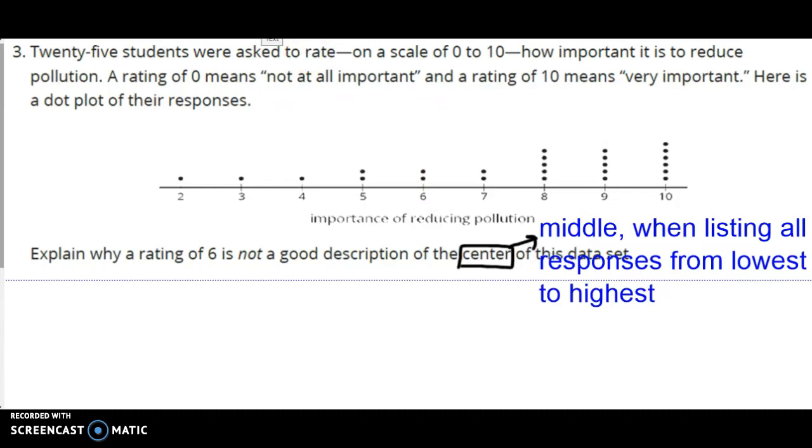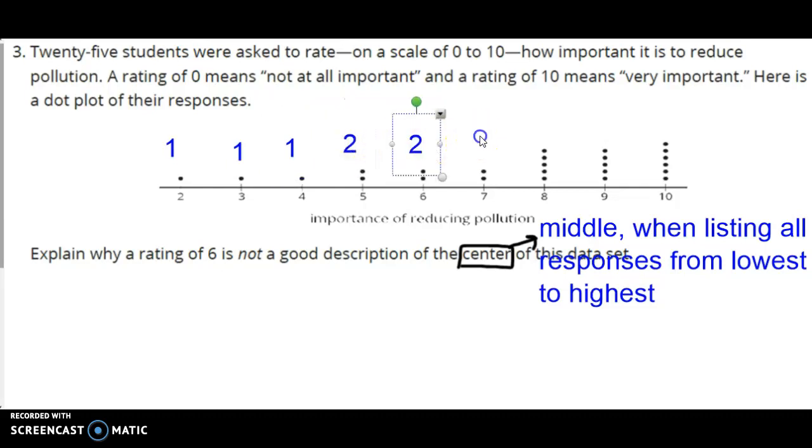So I have 1 two, 1 three, 1 four, 2 fives, 2 sixes, 2 sevens. Then I get a lot up here. 5 eights, 5 nines, and 6 tens.